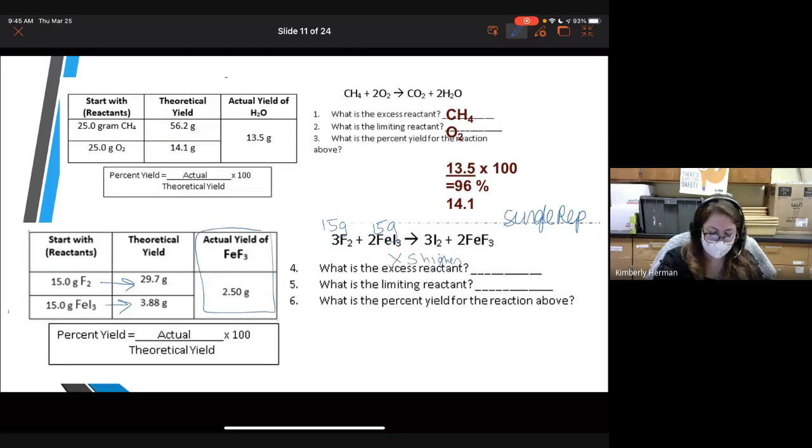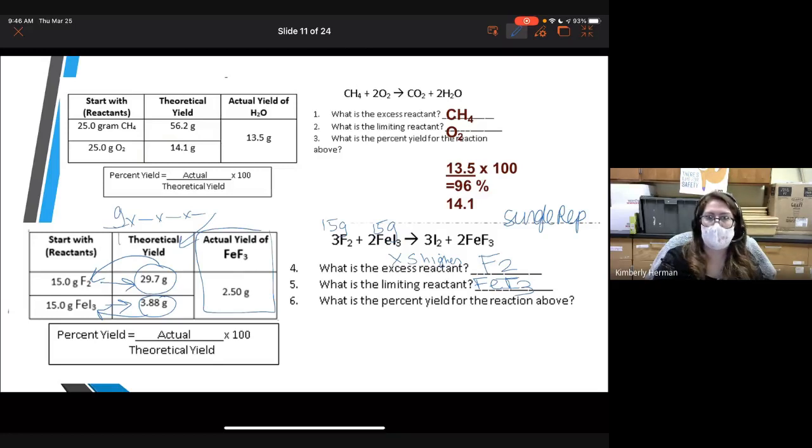So which one's higher, 29.7 or 3.88? Good. The higher one is 29.7, so we would see the excess reactant is F2, and then we would see the limiter is the lower one, so that would be FeF3. So when we look at our limiting and excess, if we look at the theoretical yield, they've already gone through the 4 steps to find that answer.